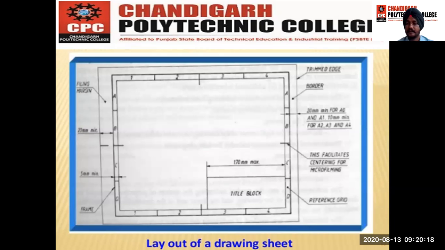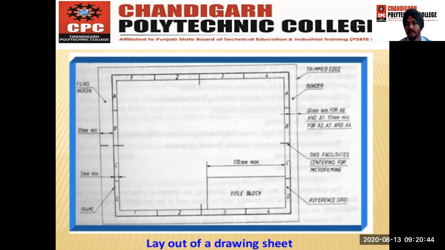Layout of drawing sheet. The layout of the drawing sheet collects all the information like the borders, the margin, the thickness of sides, filing margin and reference grid. All these necessary information are present in the layout of the drawing sheet. You can also arrange the title block on the bottom right-hand corner.